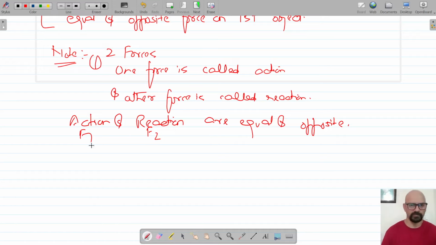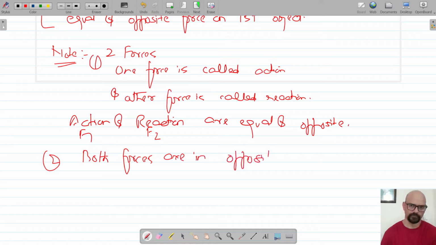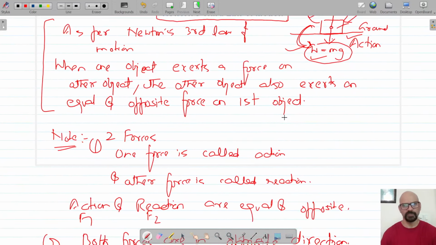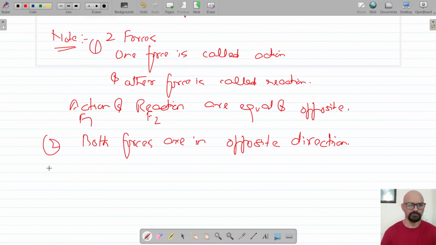The second point is that both the forces are in opposite directions. And both forces act on different bodies. So the action acts on the ground and the reaction acts on the block or the object on the ground.